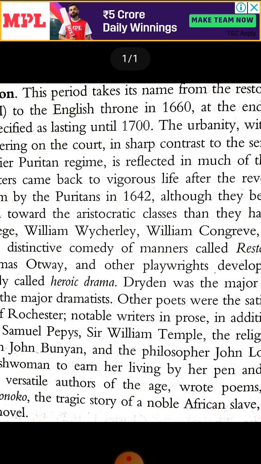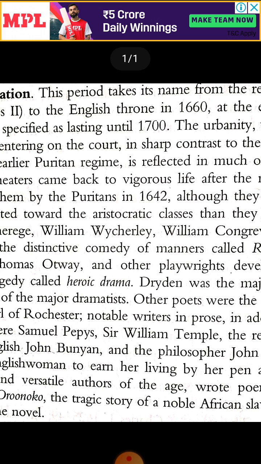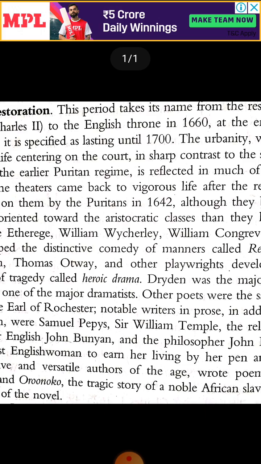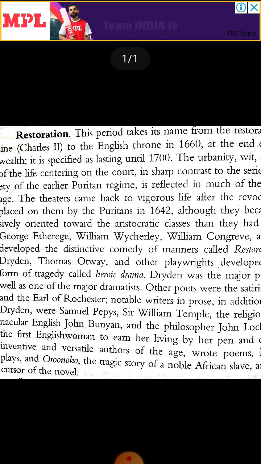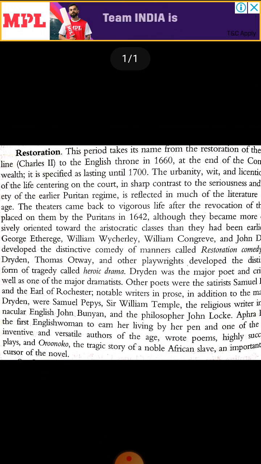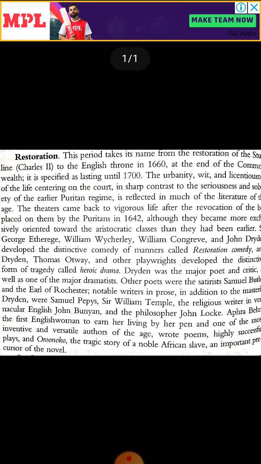The society was very chaste, very calm, but when a restoration period begins, society becomes urbane, witty, and licentious. That is the situation or the atmosphere of the society in England.